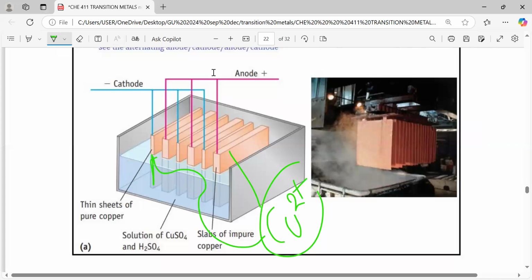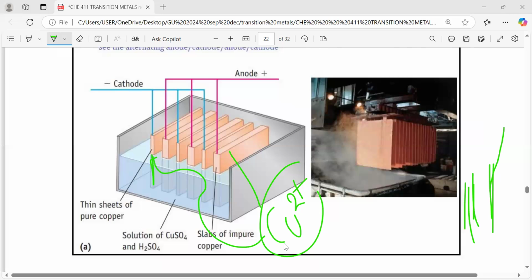Of course we know cathodes attract cations. That's what is happening in this case.